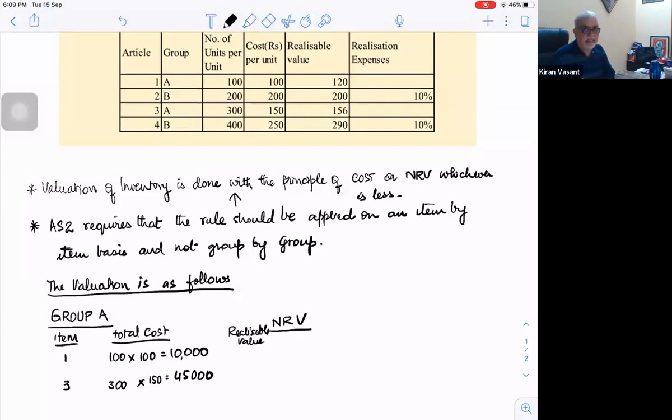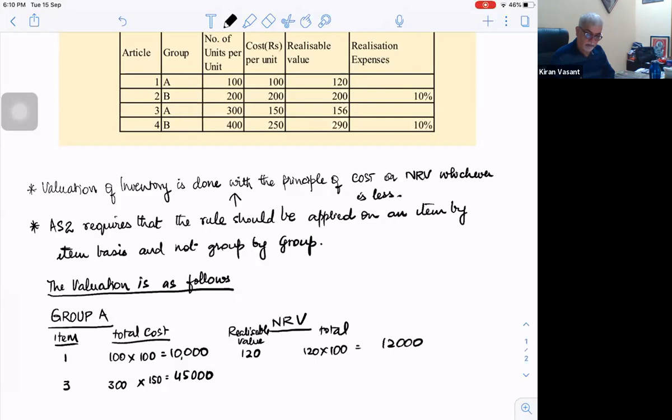Realizable value they're saying is 120. So 120 into 100 will be 12,000.